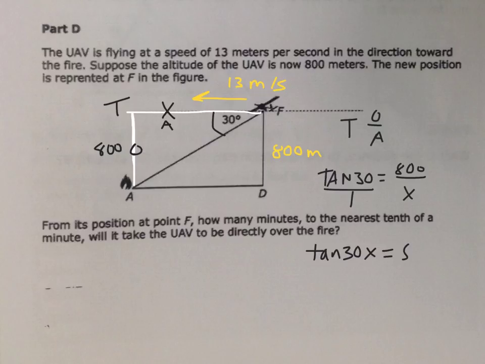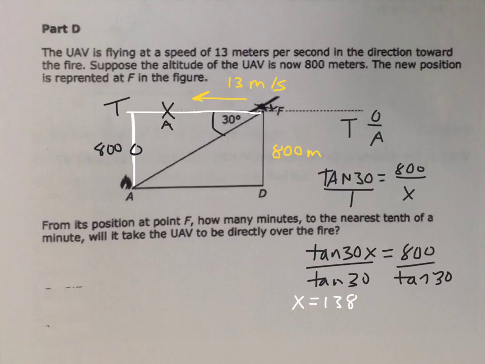Cross multiplying gets me close to the answer, and then dividing by the tangent of 30 tells me how far it will have to fly. So it's going to have to fly about 1,385.64 meters to get there.